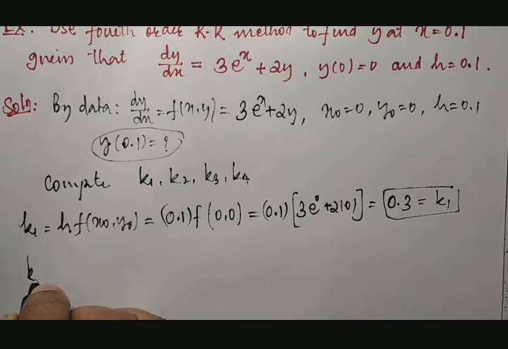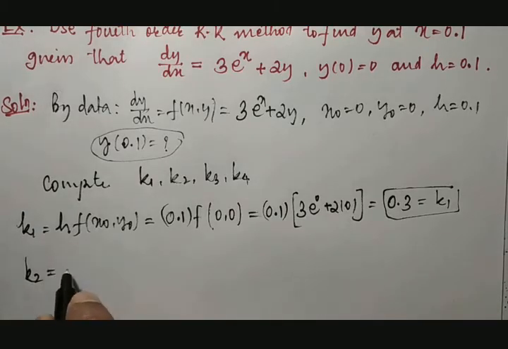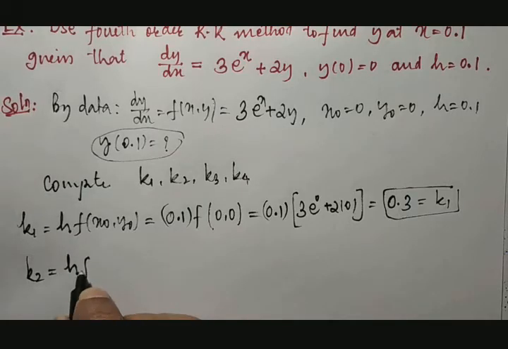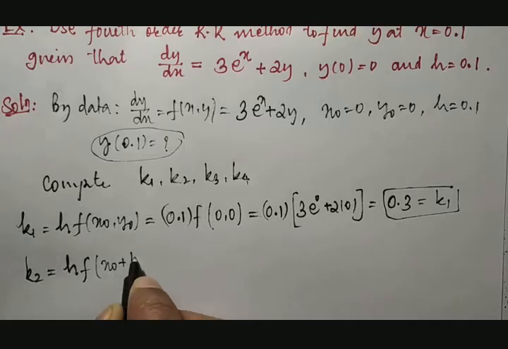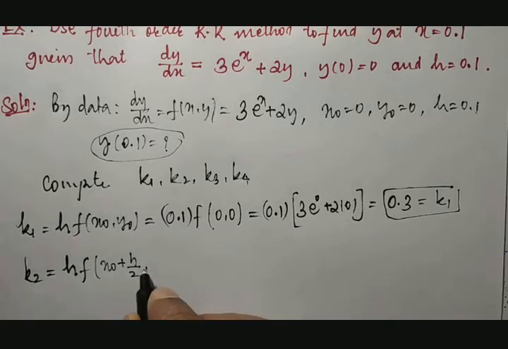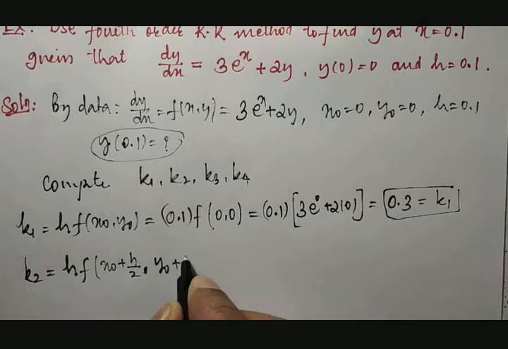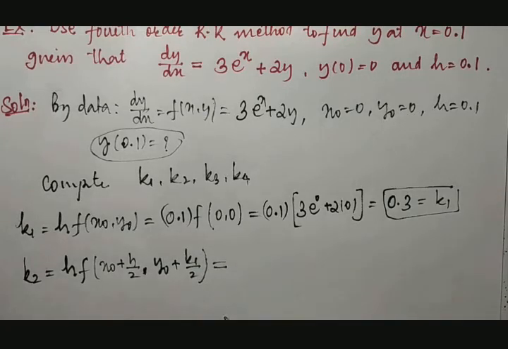Then let us move to the next value, that is k2. k2 is h into f(x0 + h/2, y0 + k1/2).